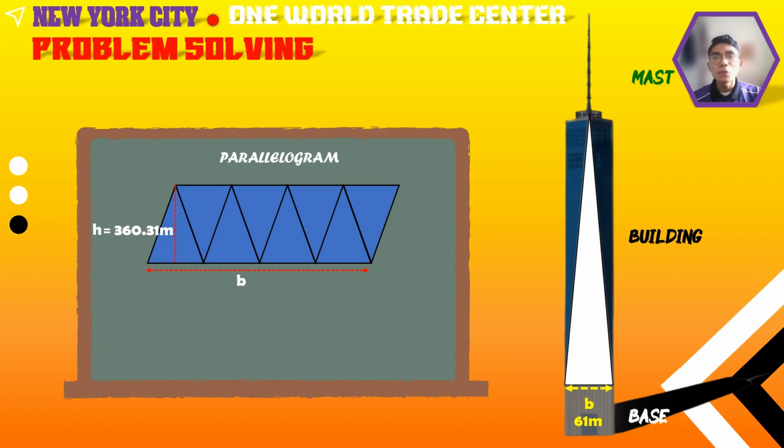To find the base of the parallelogram, we can clearly see that it is equal to the 4 bases of the triangle. So, the base of the parallelogram is equal to 61 meters multiplied by 4, which is equal to 244 meters.